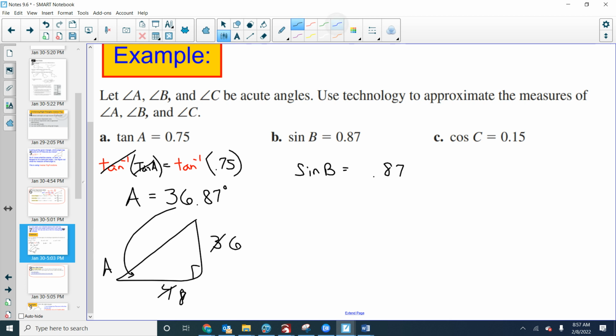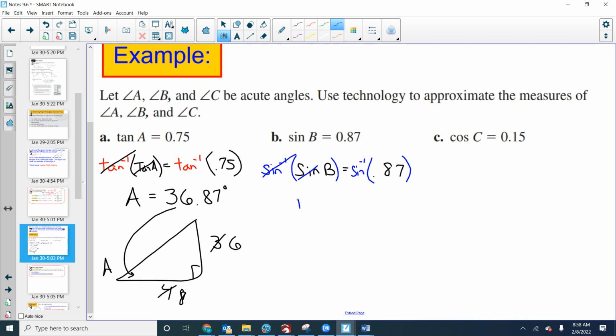What do you think is going to get rid of a sine? Inverse sine. And if we do it to the left side, we have to do it to the right side. What happens when you sine inverse a sine? By definition, they cancel.